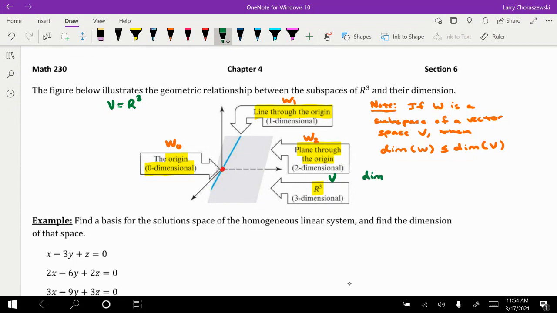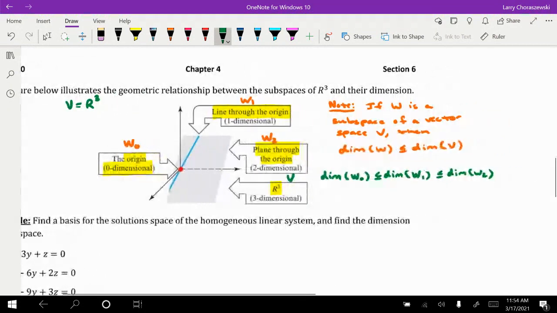I'm going to write dim of W sub 0. This is less than or equal to the dimension of the line through the origin, which is 1. So I'll say less than or equal to dim W sub 1. And both these happen to be less than or equal to the dimension of W sub 2. And all three of these happen to be less than or equal to the dimension of the entire vector space, V.